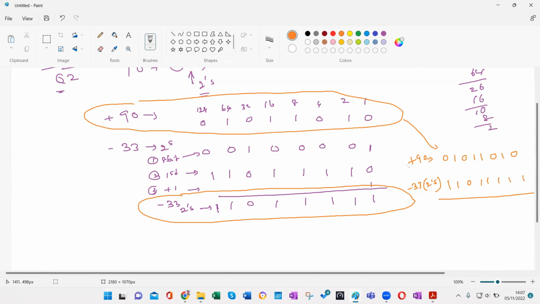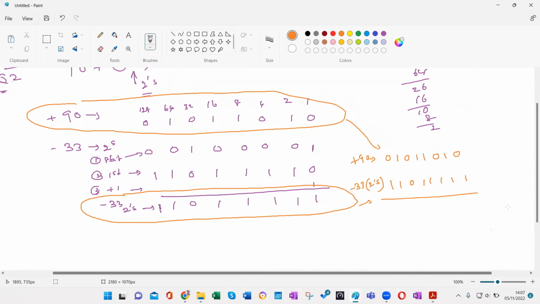Okay, let's add them. What we have to do is add, not minus. Zero plus 1 is 1. 1 plus 1 is 2, and 2 is represented using 1, 0, so you keep 0 and take 1 to the other side. 1 plus 1 is 2. Again, you keep 0, take 1 to the other side. This time, 1 plus 1 plus 1 is 3. 3 is represented as 1, 1, so you keep 1 there and take 1 to the other side.